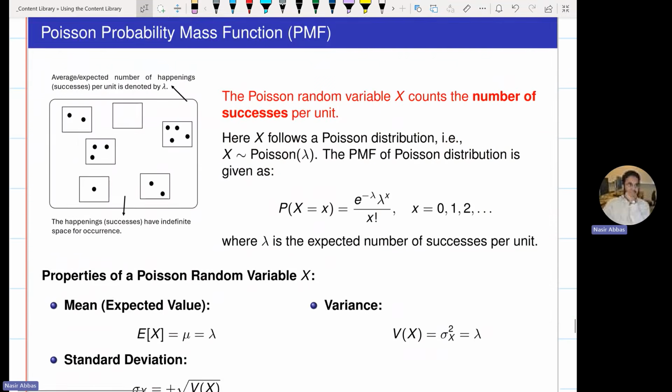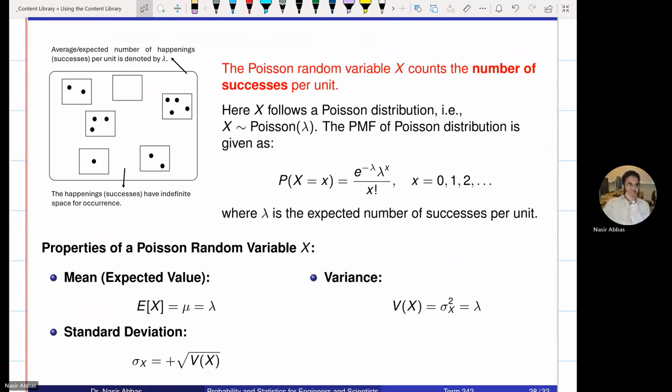Here is the diagram. You have a space of infinite happenings. Think of you sitting in a call center and receiving calls. How many hours will you be sitting? Not in a specific day, but infinitely many hours. How many calls did you receive in the first hour? 2. Second hour? 0.